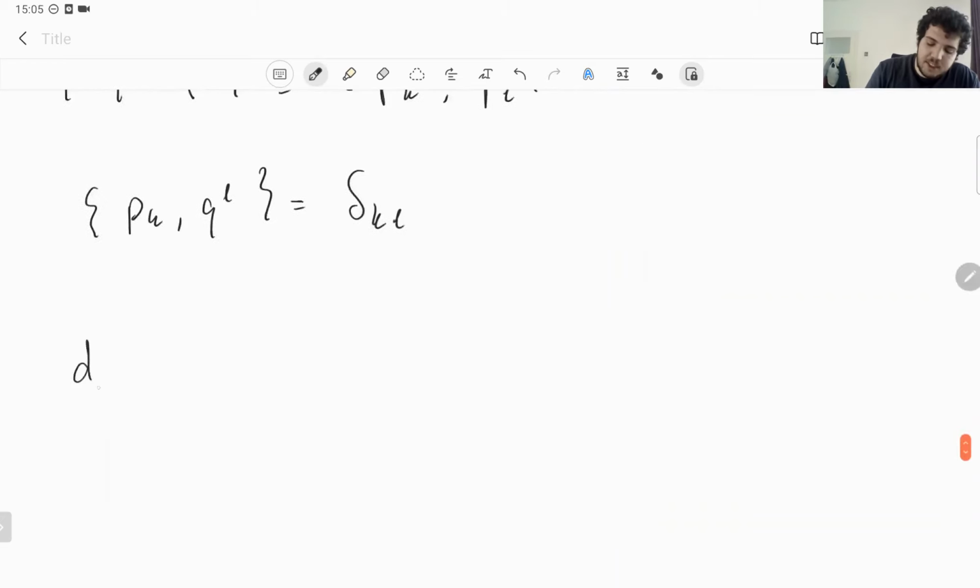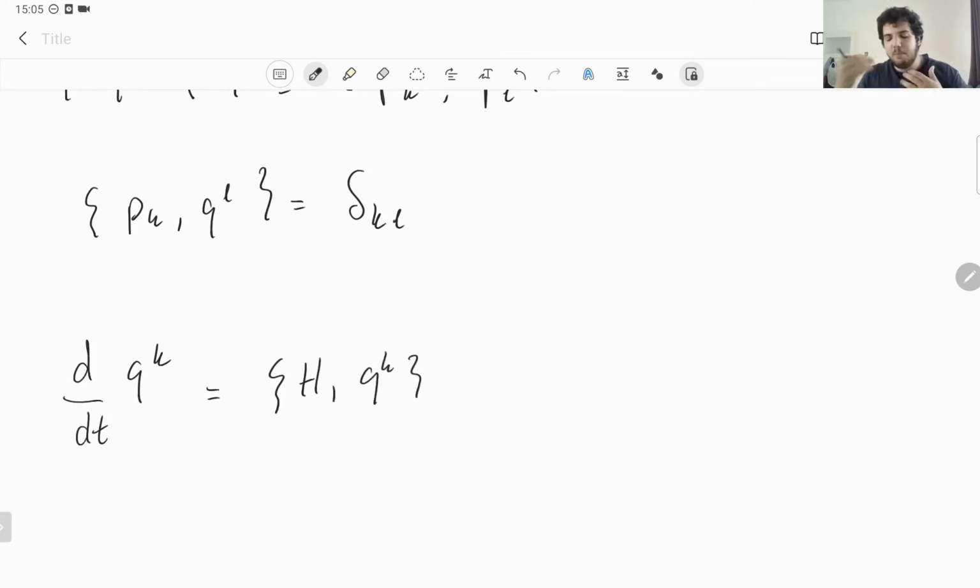Let's look at how our position component will change with respect to time. This is just our Poisson bracket. We can write this because they come from the flow of the Hamiltonian vector field, so we use the fact that they come from the Hamiltonian flow.